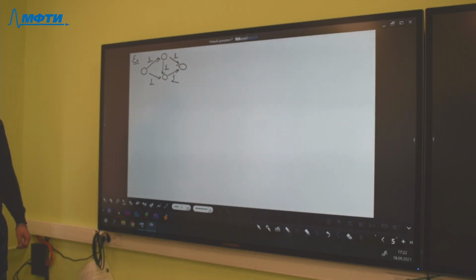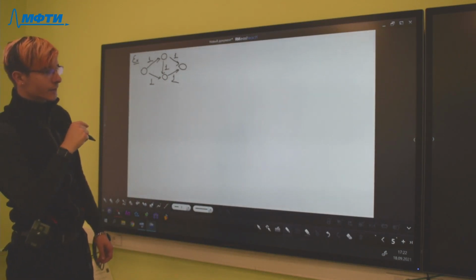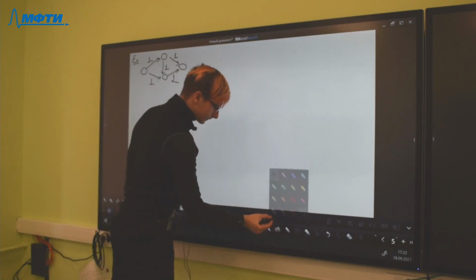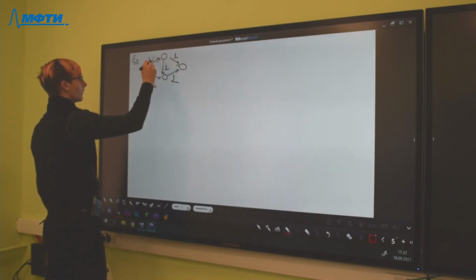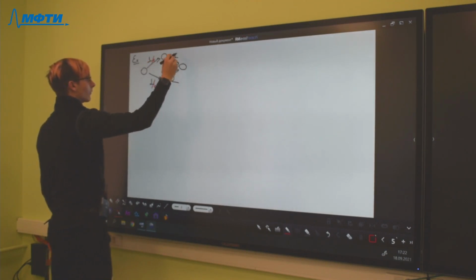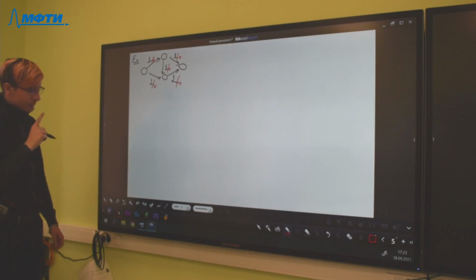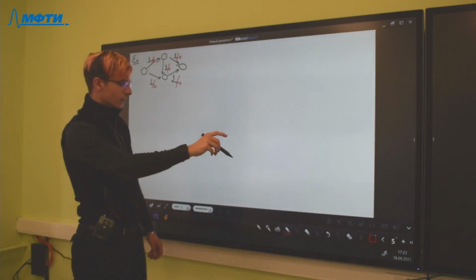Firstly, the flow is equal to 0. Then we build the residual network.